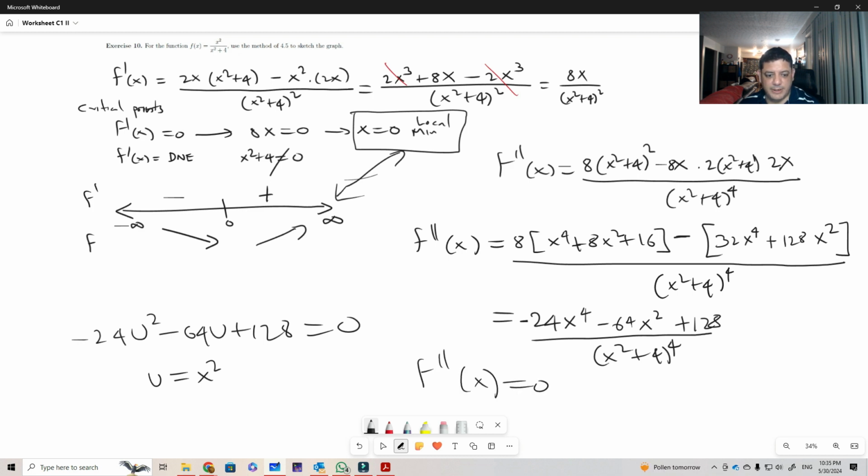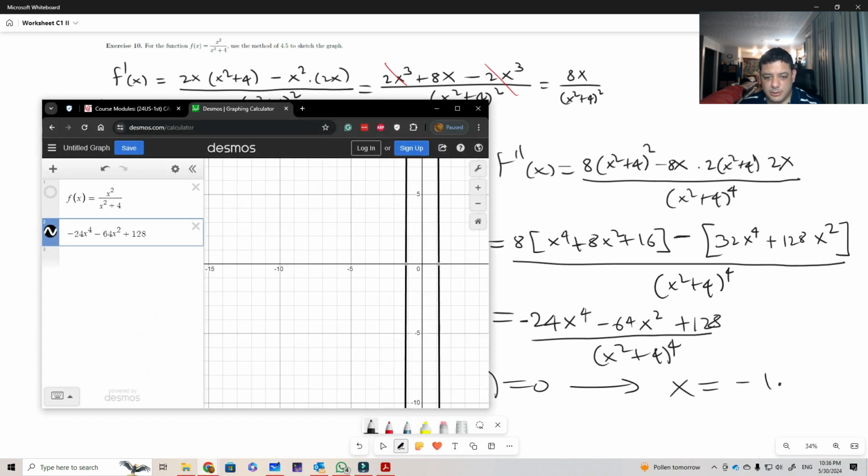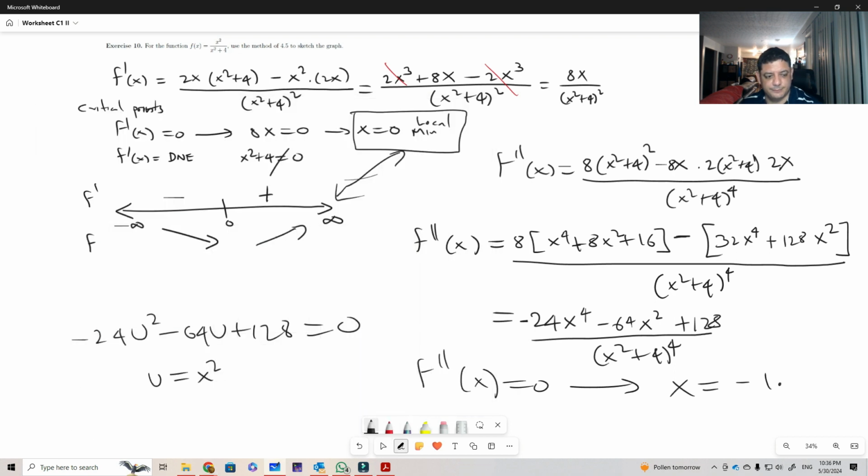So f2 prime of x equals 0 means that x equals minus 1.155, and also x equals 1.155. Those will be the two possible values that we get from finding the solutions.